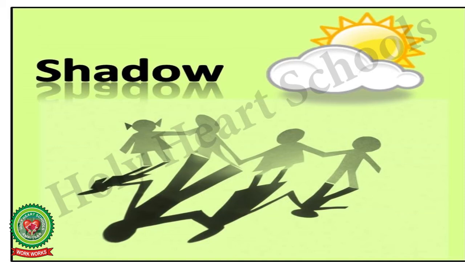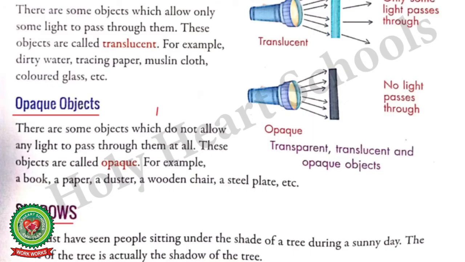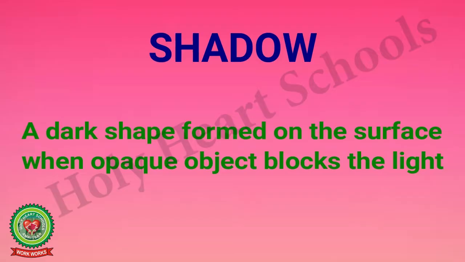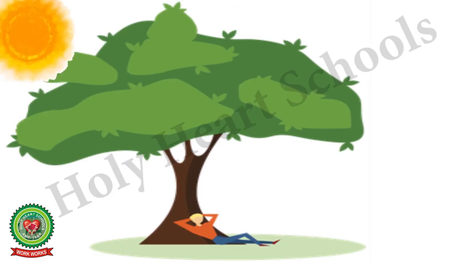Now come to the next topic, shadow. Underline the word shadow and write down its definition. A dark shape formed on the surface when opaque object blocks the light. Now students, you must have seen people sitting under the shade of a tree during a sunny day.